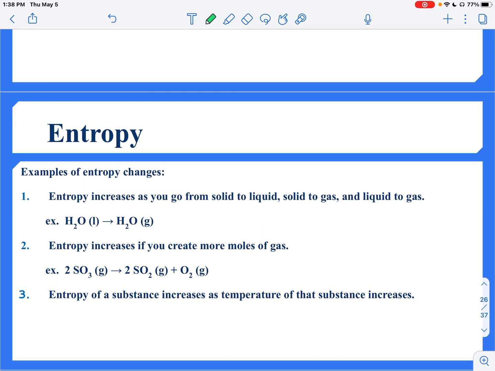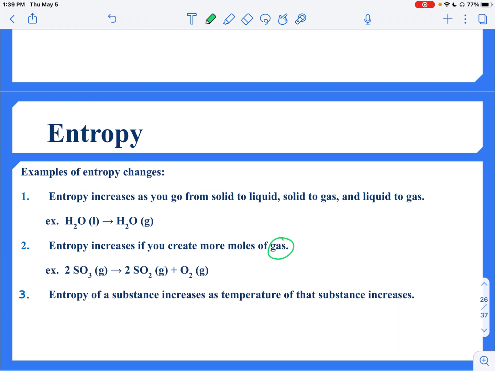These are really the three principles of entropy. Entropy increases as the particles spread out in a phase change. So as you go from solid to gas, or liquid to gas, it's going to go up. They're more spread out. Entropy increases if you create more moles of gas.